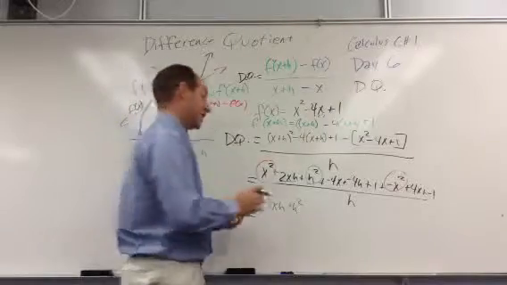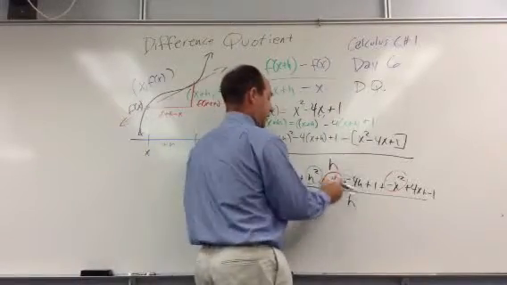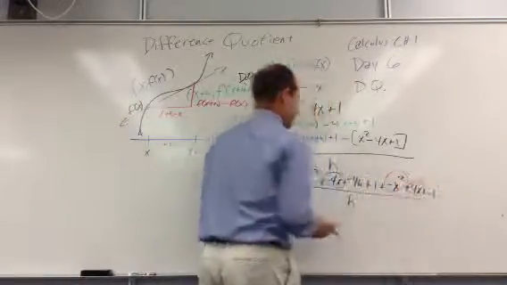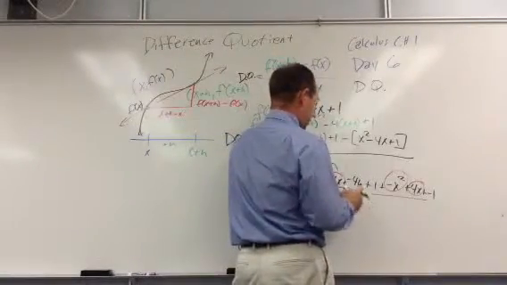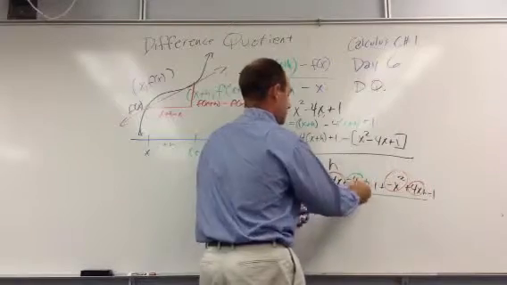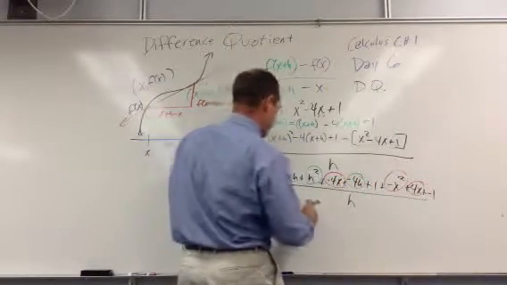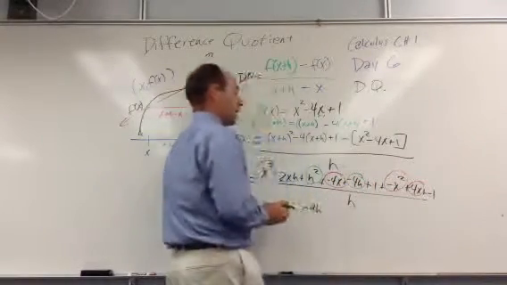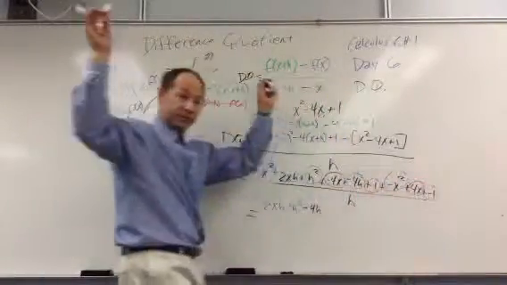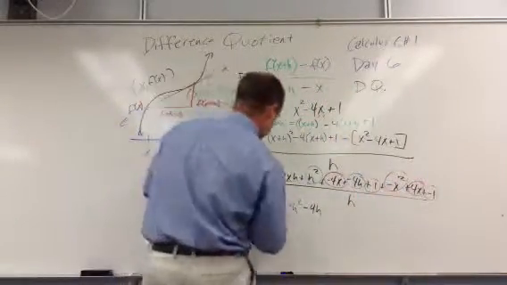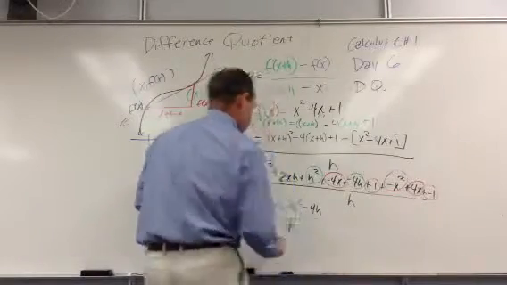Negative 4x. Any other x's? Yep, there's a positive 4x. Poof! Gone. And let's see, what do we have here? Oh, negative 4h. And then the last one but not least, we have a positive one, we have a negative one. Poof! Those are gone. And this is all divided by h.